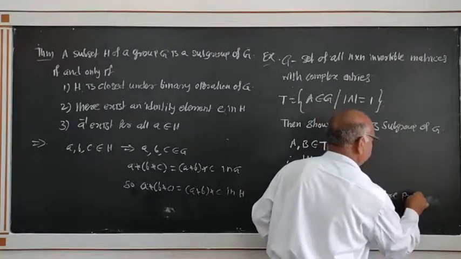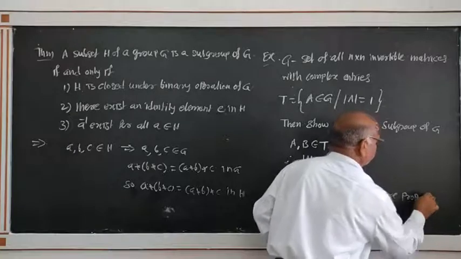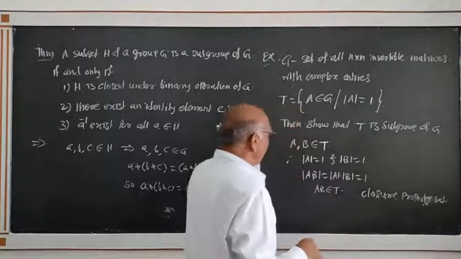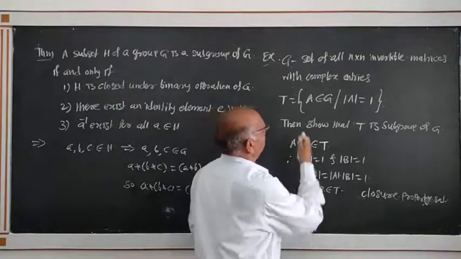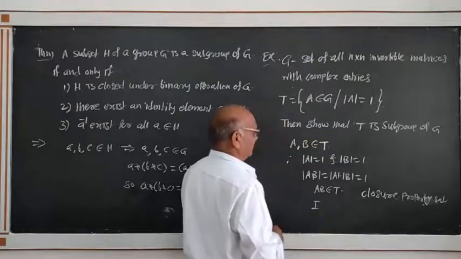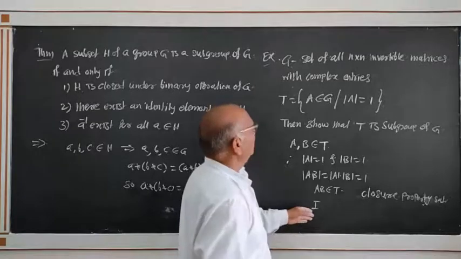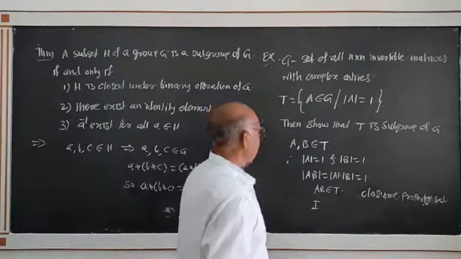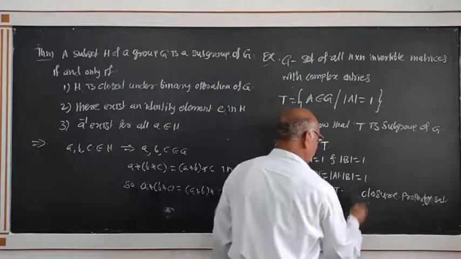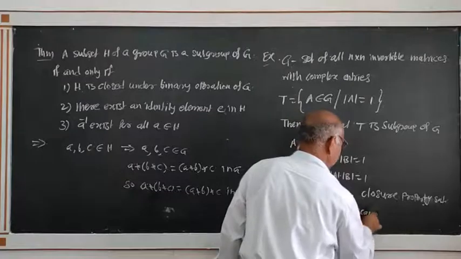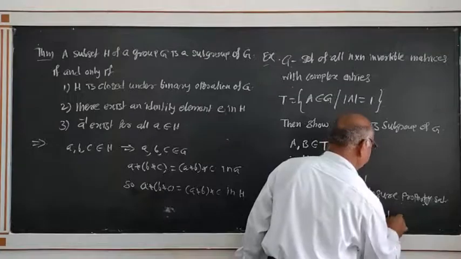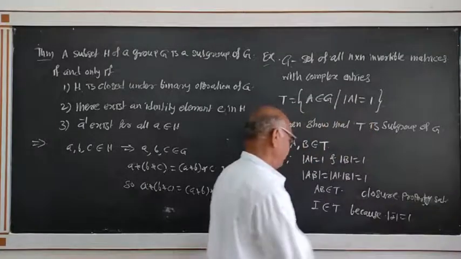Now, the identity matrix of order n belongs to T because the determinant of the identity matrix is 1.